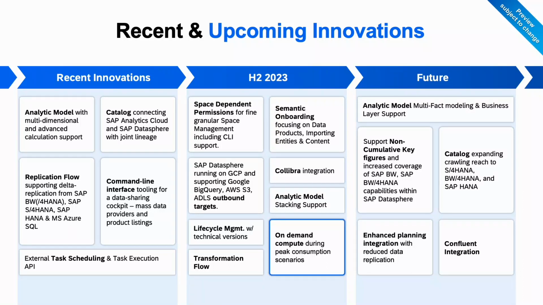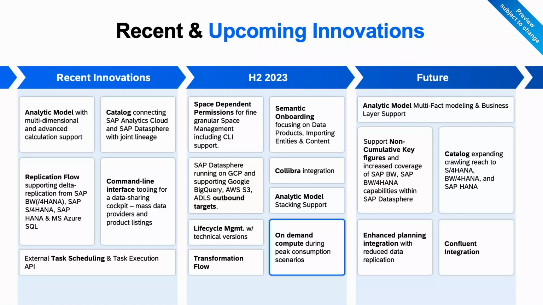Another exciting innovation coming later this year is elasticity with elastic compute nodes for SAP Datasphere. This will allow administrators in the end to operate smaller configuration sizes of their SAP Datasphere tenants. Because with elasticity, we can now cover peak consumption times or scenarios with elastic compute nodes that we can on demand add to an SAP Datasphere tenant.